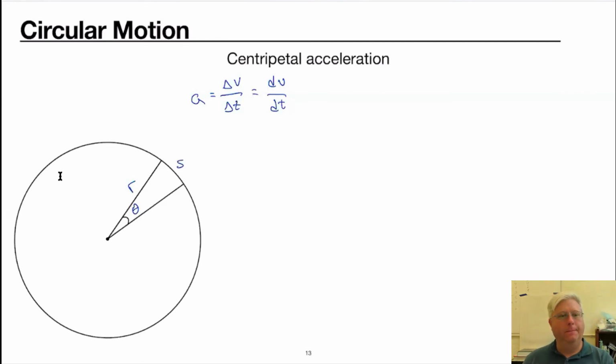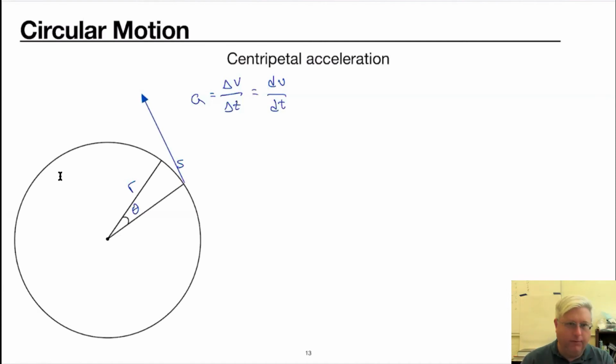All right, and so dv is a change in velocity, which, it's not changing in magnitude, but so how do we deal with that? Well, we know the velocity is tangent.